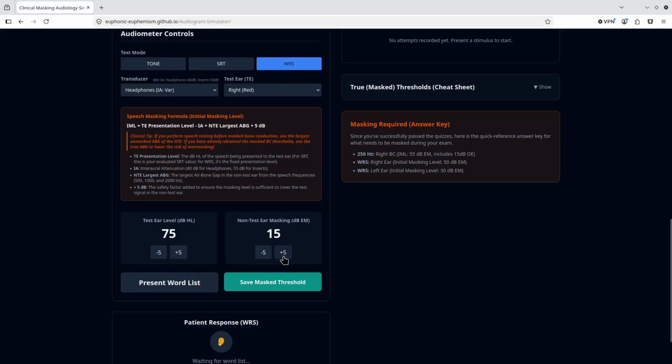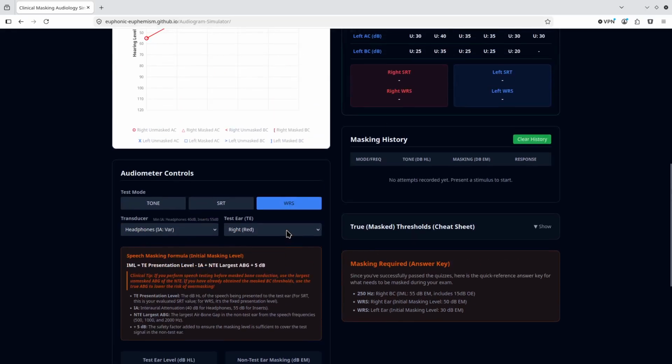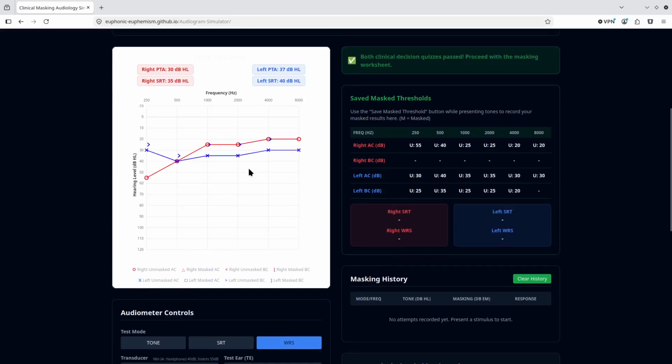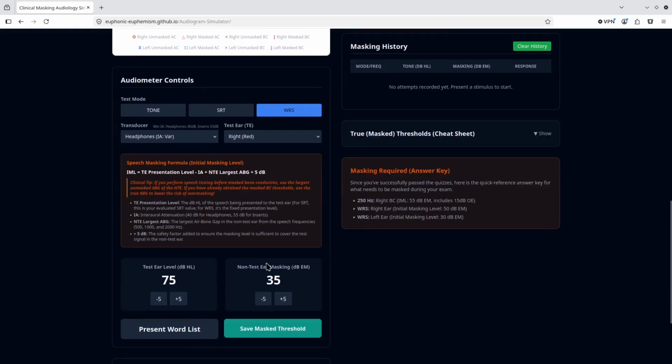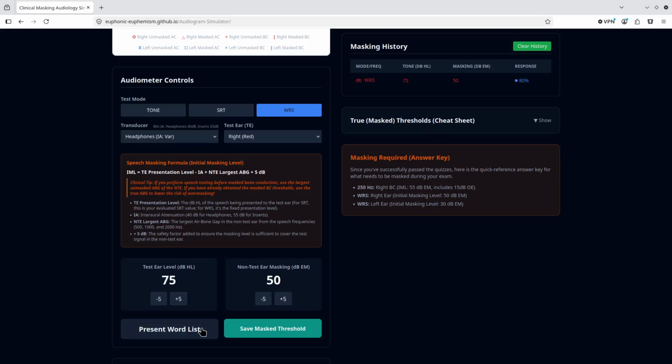That gives us 35, plus our largest air bone gap in the left ear, because that's our non-test ear, which appears to be 10 dB. So we'll add 10 dB and 5 dB safety factor. We'll present our word list, and that's what we got there.